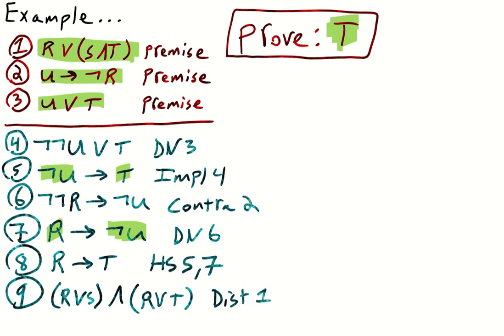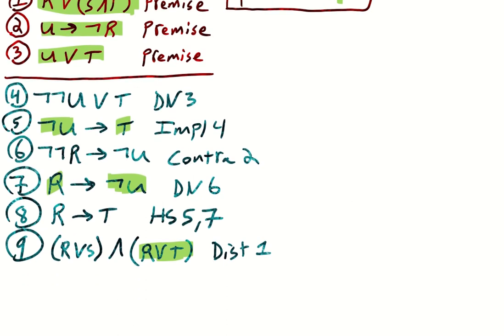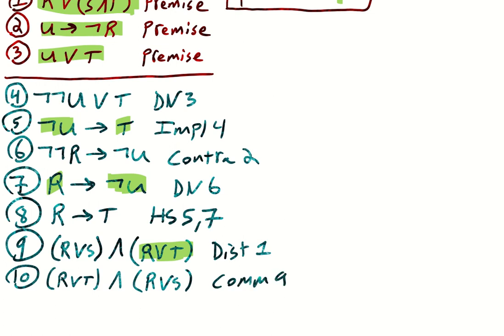We're going to want this R or T, and because some textbooks are very fussy, I'm just going to use the commutative rule. So we'll get (R or T) and (R or S), commutative rule, line 9, and then we'll simplify. So R or T, simplification, 10.